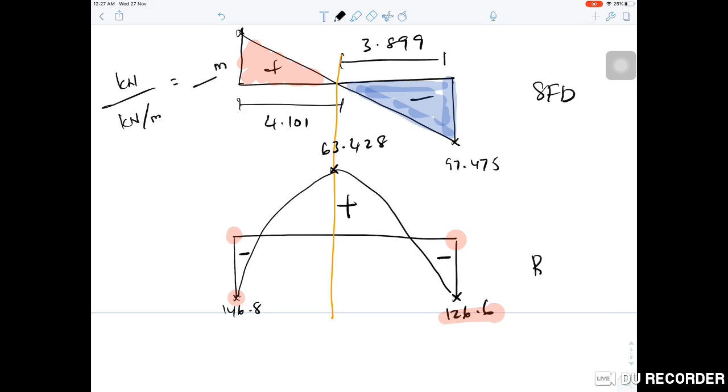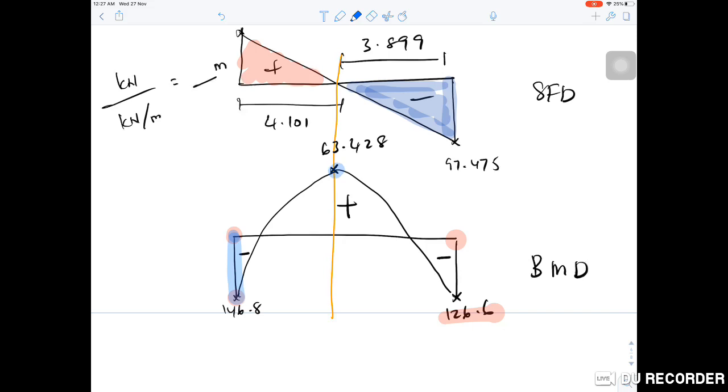So this one is the shear force diagram, and this one is the bending moment diagram. Remember that the diagram must always start with 0. It is 0 plus negative 146.8, plus the area of the triangle, we get here positive 63.428.